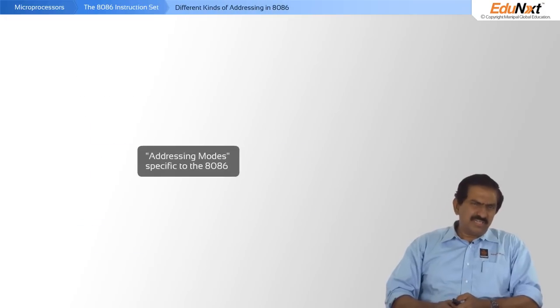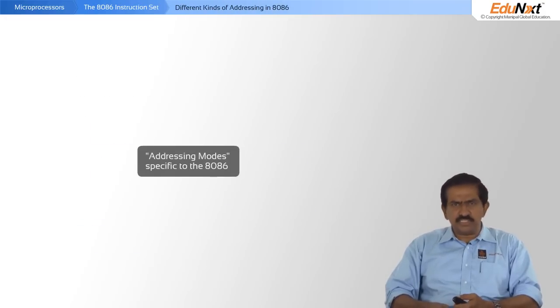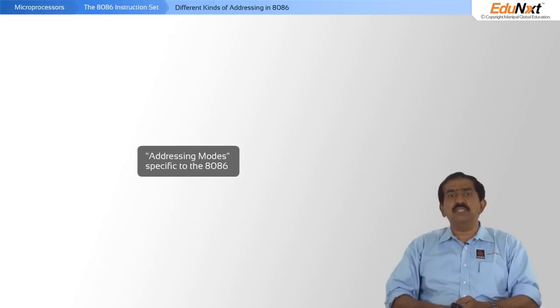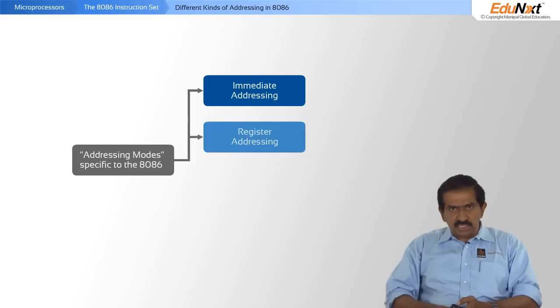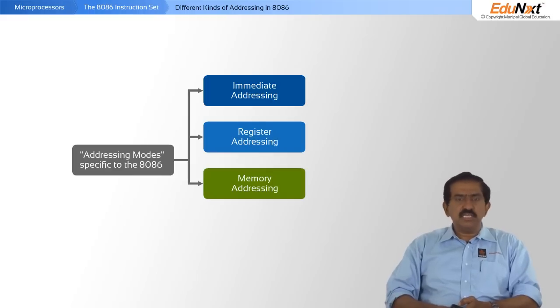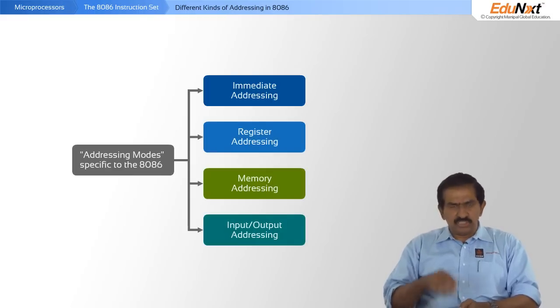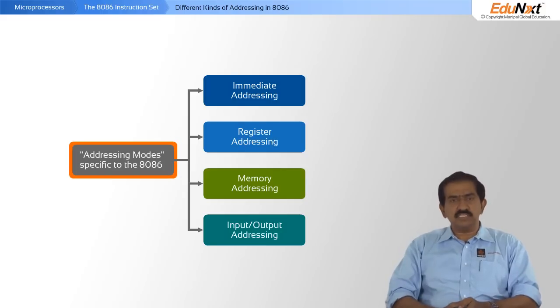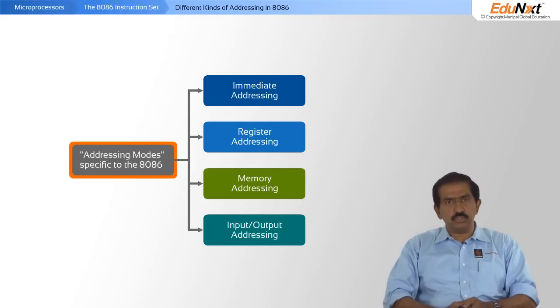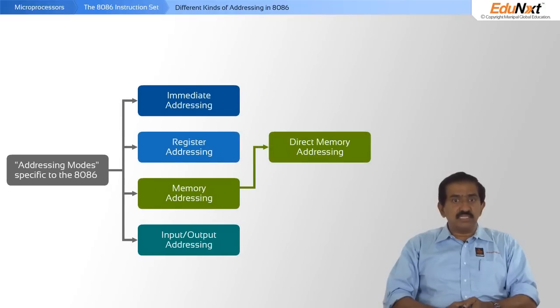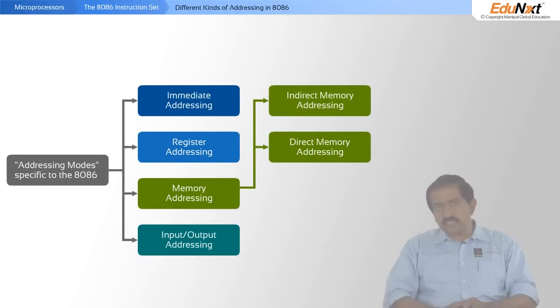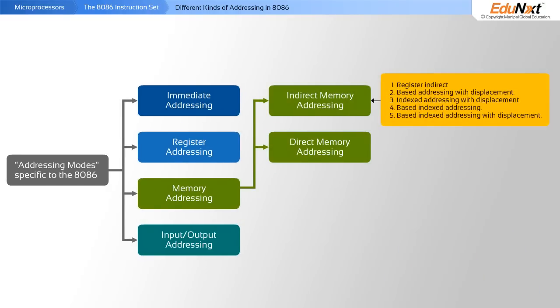So let's look at the different kinds of addressing possible in 8086. There are four major families of addressing modes. One is the immediate addressing, register addressing, there is memory addressing, and there is I/O addressing. So these are the four big types of addressing modes specific to the 8086. The memory addressing in turn has direct memory addressing and indirect memory addressing. The indirect memory addressing has 5 different subsets.